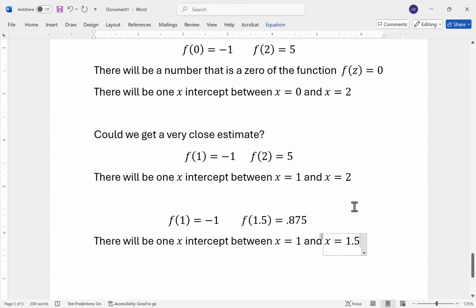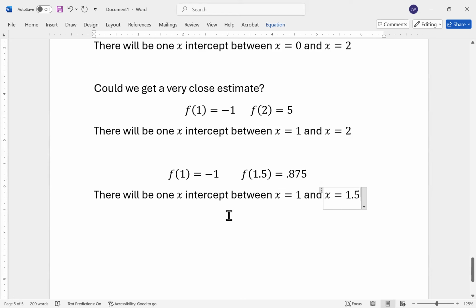And then you could do this again and again by plugging in 1.25 on the next step and seeing what that gives you. It's going to be either negative or positive or zero. If it's zero, I know it's the zero. If it's negative, then I know between 1.25 and 1.5, there's a zero. If it's positive, then I know between 1 and 1.25 is going to be zero.